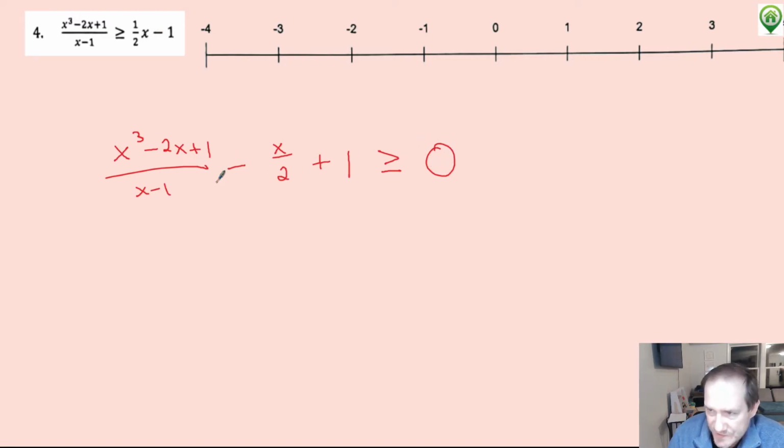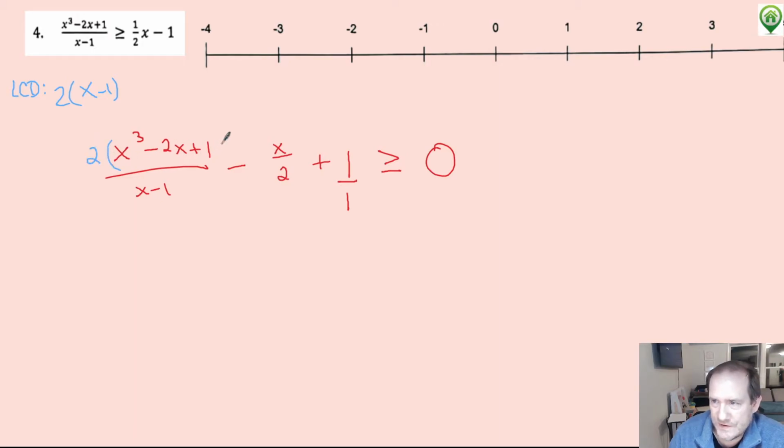We've got our 0 now. So now we just have to combine these terms. And so thinking about your LCD, our LCD would certainly include the x minus 1. But we've also got a factor of 2, so it'll include the 2 as well. Looking at this whole first term, the only thing we're missing is that factor of 2.